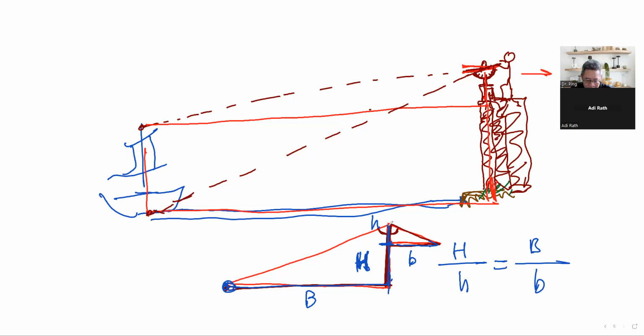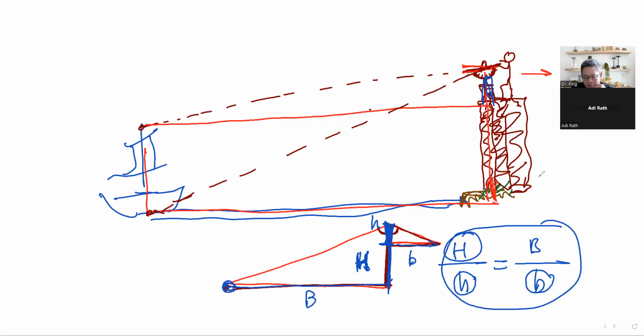Of course, we know how high this one is, and we can measure this with some kind of table and equipment. So we know capital H, we know the lowercase h, we know the lowercase b, we just don't know what capital B is. But we have this equation now. So therefore, B will equal H over lowercase h, then times b.